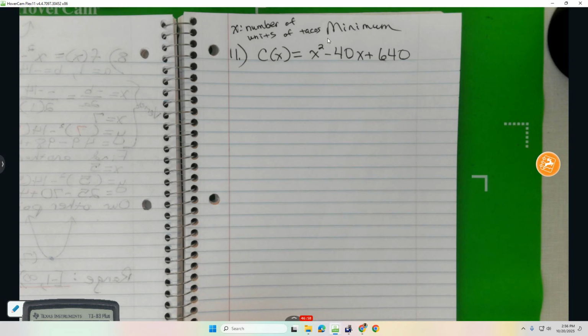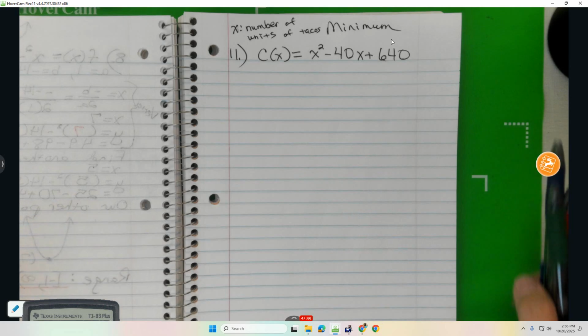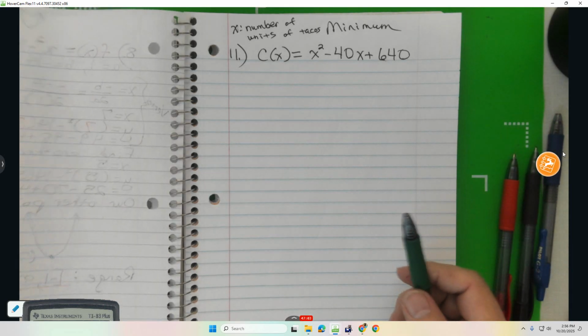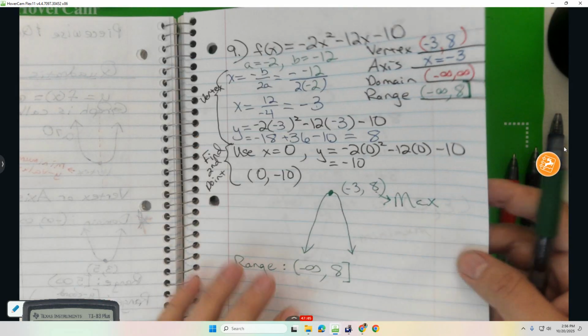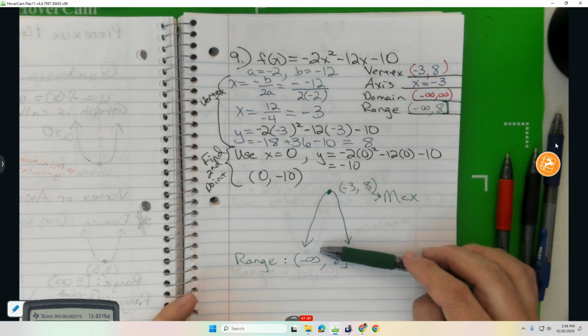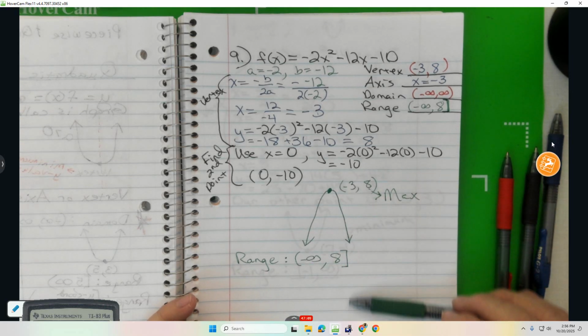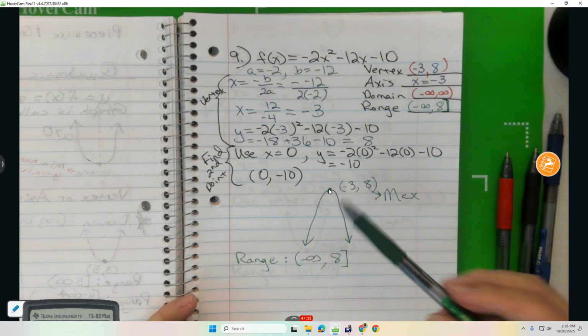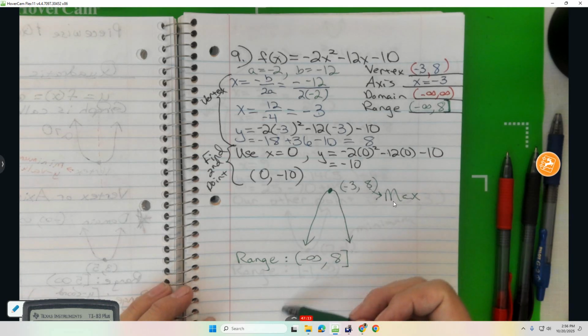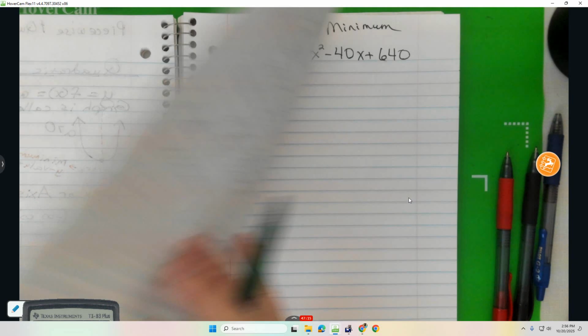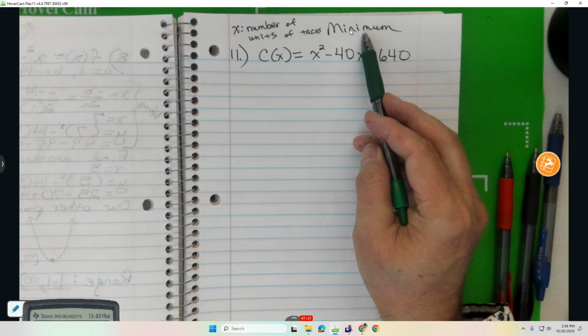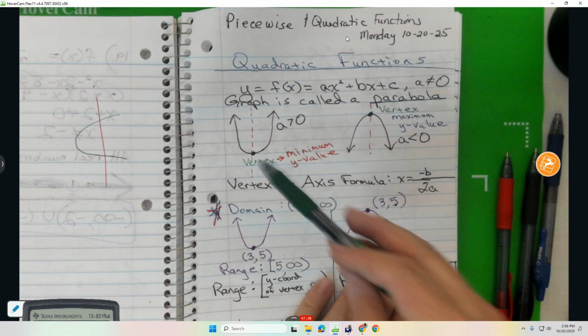They're asking us to find a minimum. Now, if a parabola is opening downward, there isn't a minimum y value. It just keeps getting smaller and smaller. So if there's going to be a minimum, that parabola had better be opening upward.